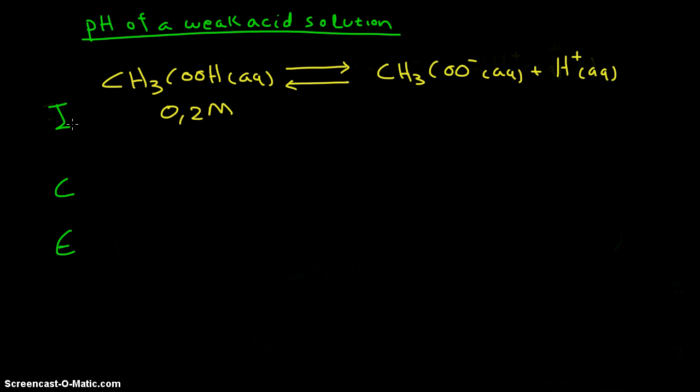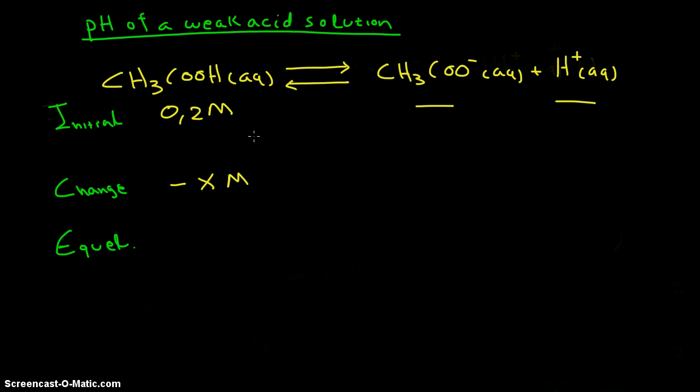box. Here we have the initial amounts. Here we have the change in the initial amounts, and this is the equilibrium. So when we start, we don't have any of this, neither of this has been produced. When this dissociates, it does not dissociate fully, it's a weak acid, it's a weak electrolyte, so only a small amount, let's say X, reacts.